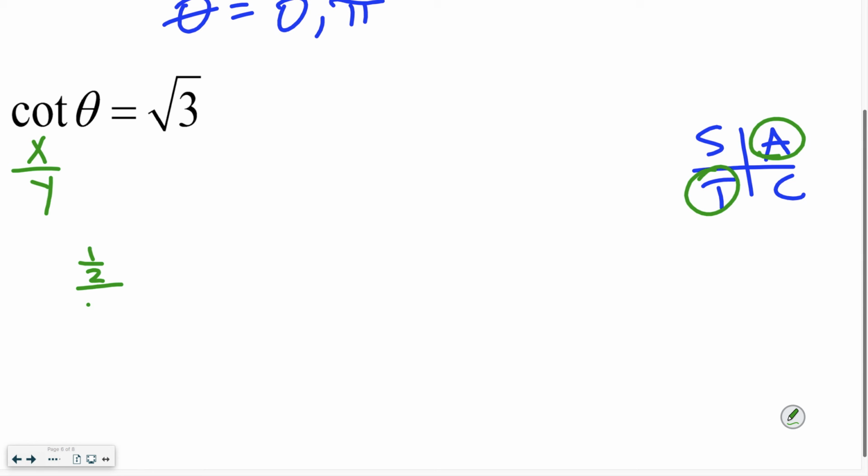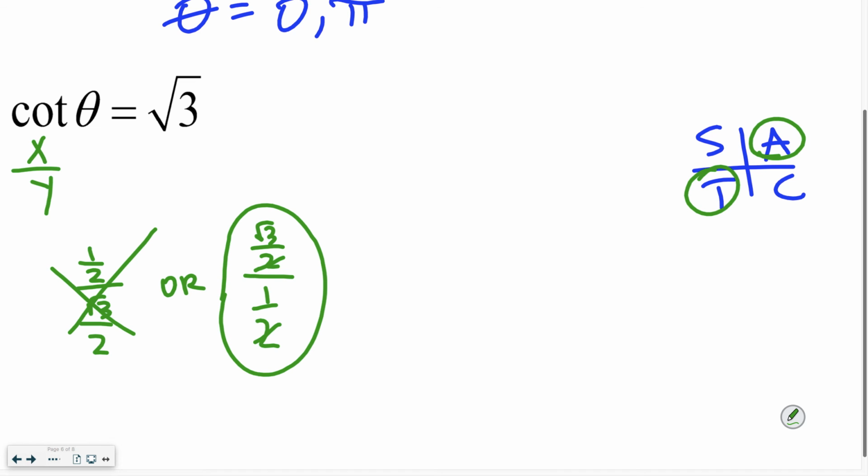Am I going to get radical 3 by taking 1/2 divided by radical 3 over 2, or radical 3 over 2 divided by 1/2? Which one is going to give us the ratio of radical 3? The second one. When we cross out those 2's, we're left with radical 3 over 1. Okay, so this is the ratio that we want, not this.